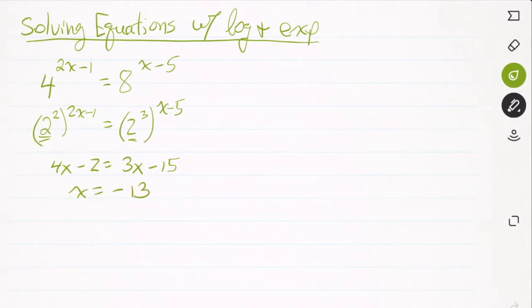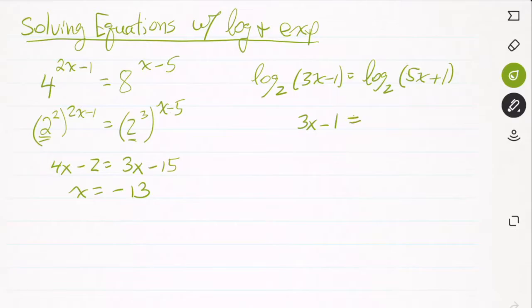So that's the way we can solve if there's a one-to-one relationship that we can get the bases exactly the same. The same thing happens with log. Like if you had log base 2 of 3x minus 1 is equal to log base 2 of 5x plus 1, then since it's a one-to-one relationship, because the bases are exactly the same, and the only thing on both sides is log, there's no weird stuff added on besides that, we can just drop the logs and talk about the domain.